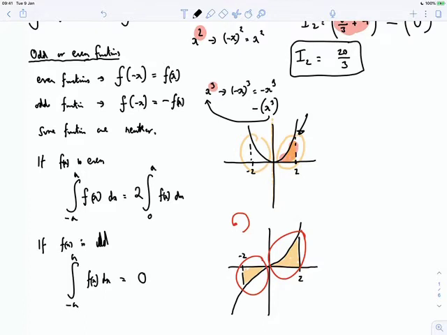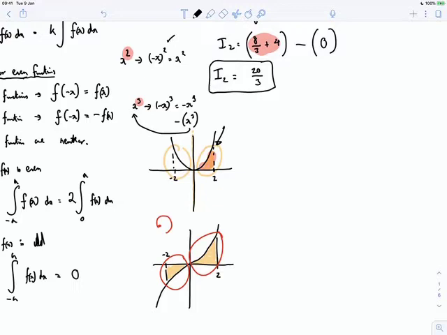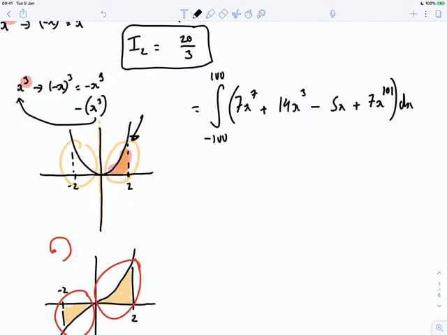I mean, put it this way, if I give you some absolutely horrible thing, like the integral between minus 100 and 100 of, say, 7x to the 7 plus 14x to the 3 minus 5x plus 7 to the x to the 101 dx. Why has this trick saved you?